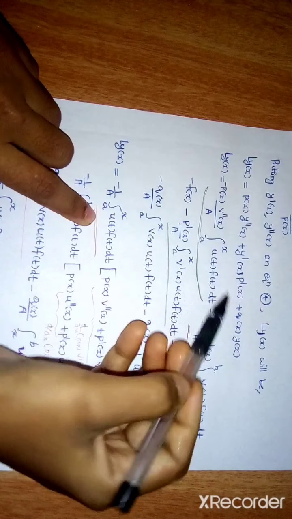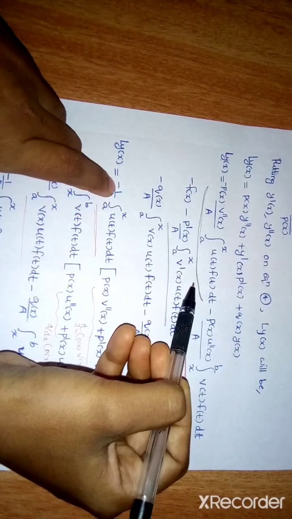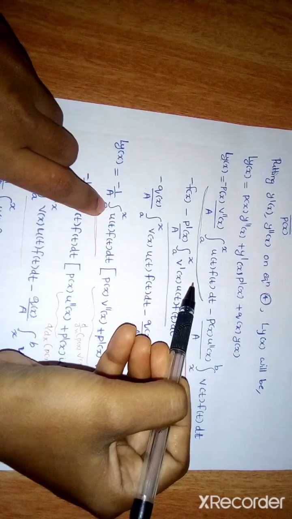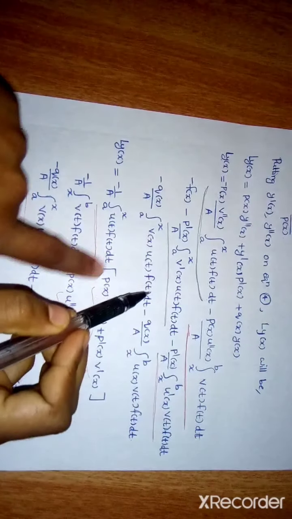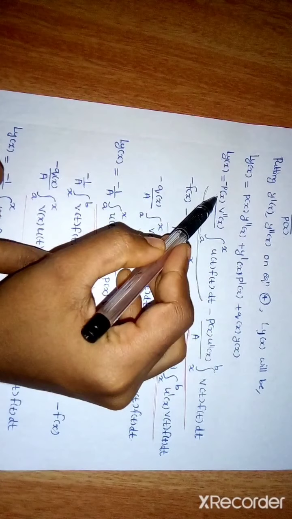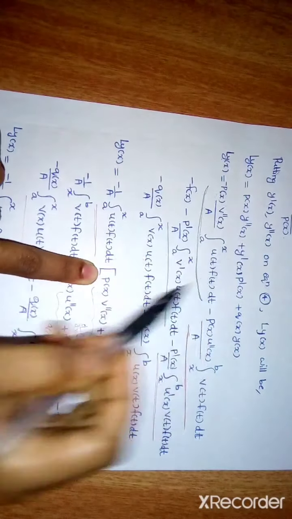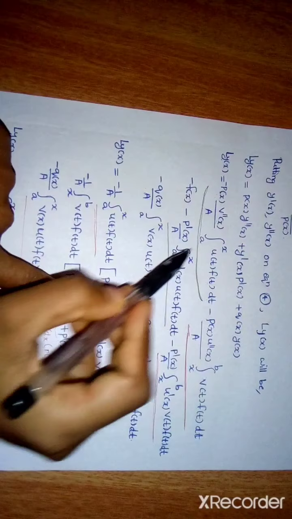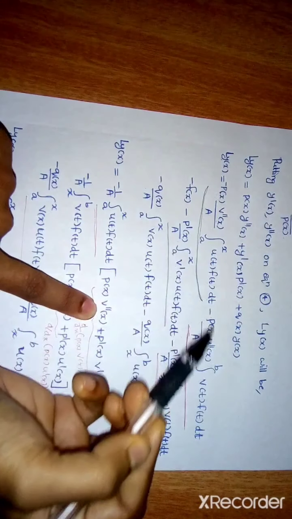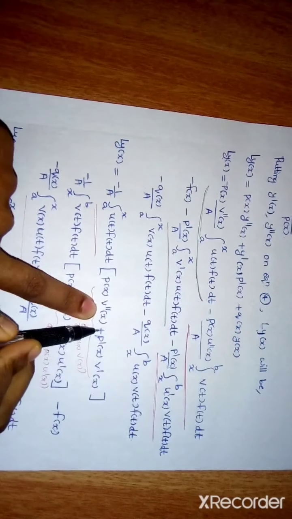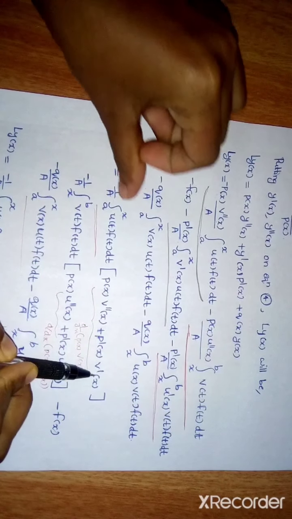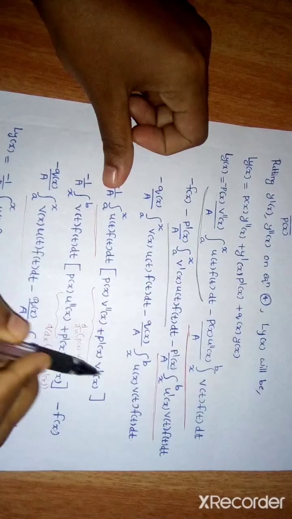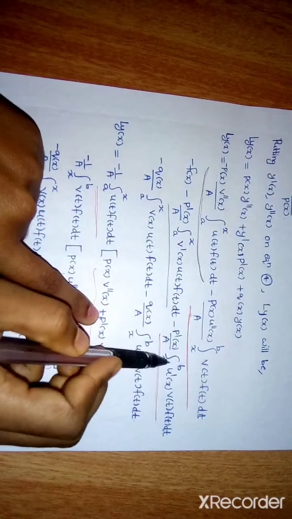So I take from these two terms minus 1 by a integral a to x u of t f of t dt as common, and the left terms come out to be p of x v double dash of x, and from this p dash of x and v dash of x, so plus p dash of x v dash of x. We are taking the negative sign outside. So we can write it like this.